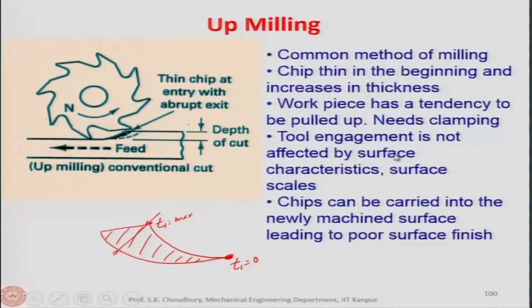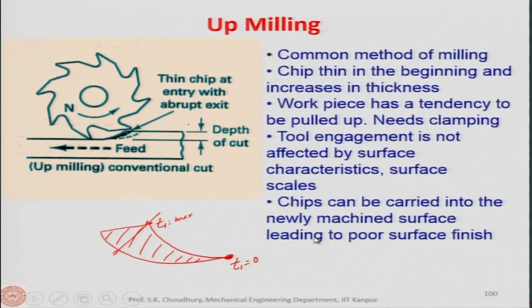Therefore, that particular layer of material we always remove before the machining process starts. So, that is what is said, that it does not depend on whether the tool will be engaged properly or not with the surface scales or the surface characteristics.